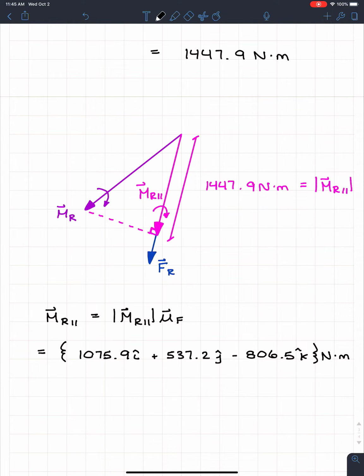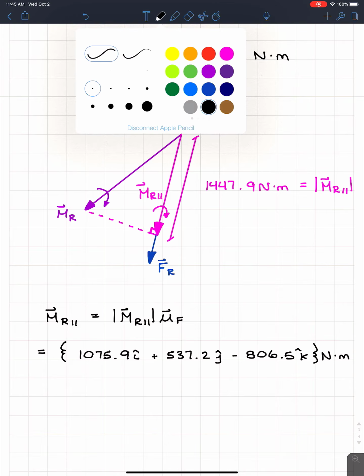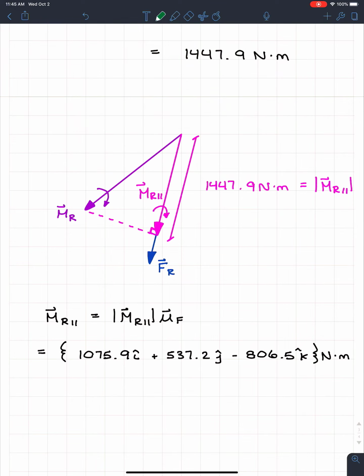But this is the only trick that you're going to need to remember for wrenches. When you take the component of something, think of 2D, the XY plane. If this was our XY plane and we had a theta right here, basically we just took our resultant moment MR and found the X component, or MR parallel. But remember, it's actually made up of two components.